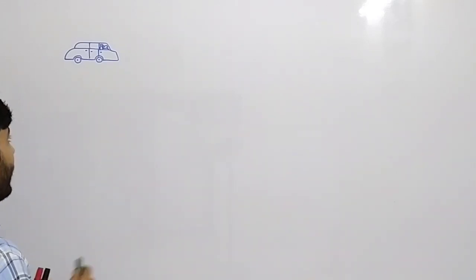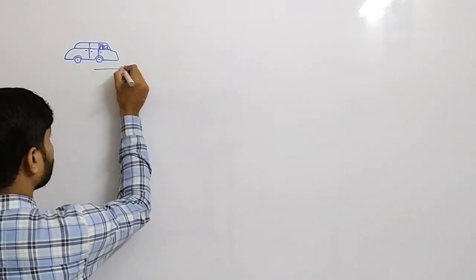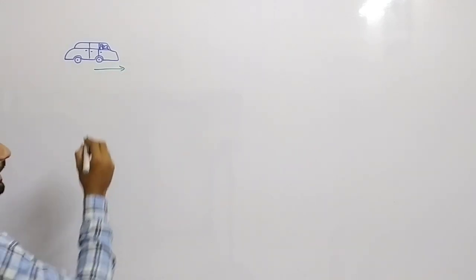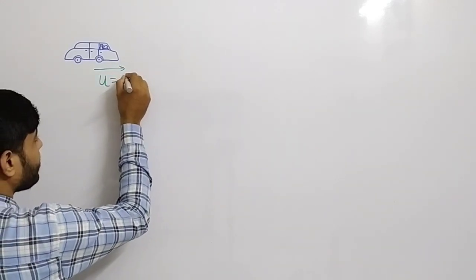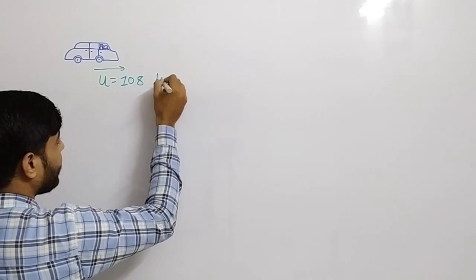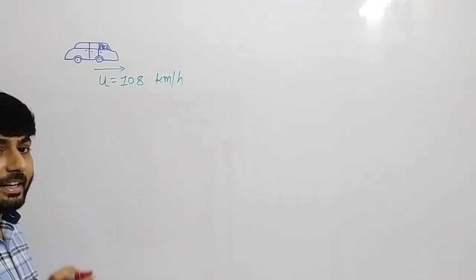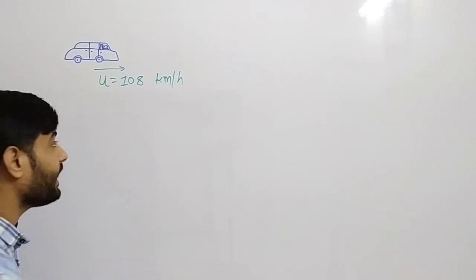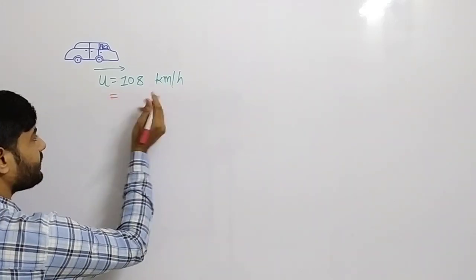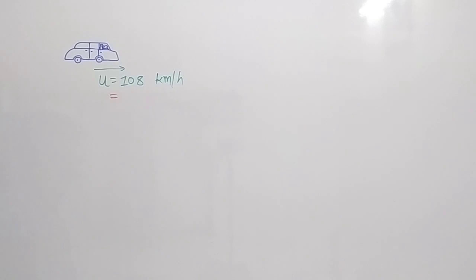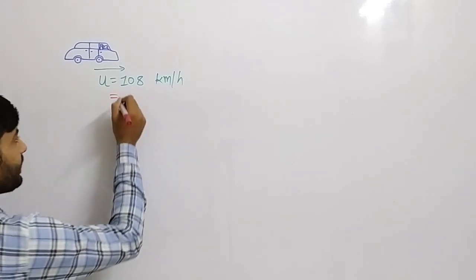So this is our car, which is going with initial velocity u of 108 kilometer per hour. We'll put data in meter per second, that is the SI unit. So convert this kilometer per hour into meter per second.